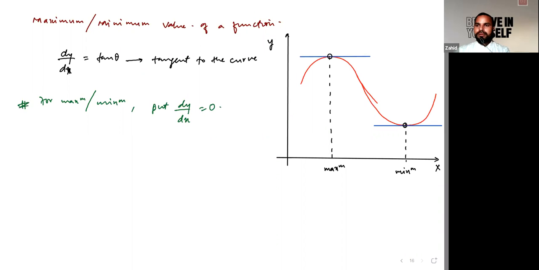Now the next problem is how to define whether this particular point is at a maximum value or at a minimum value. To check it, we have to solve it further. So we can call it the second derivative. If you differentiate the function once, it is called the first derivative.